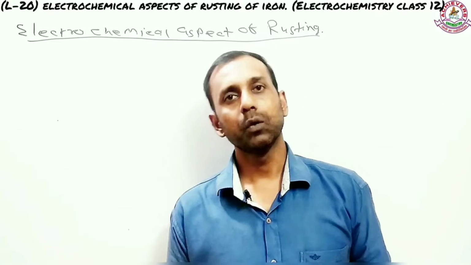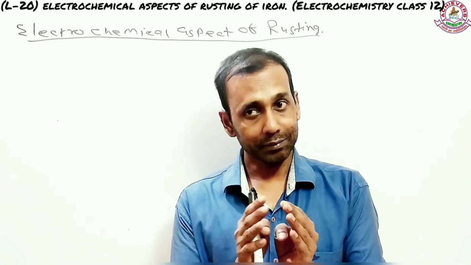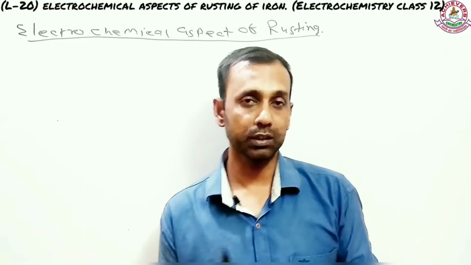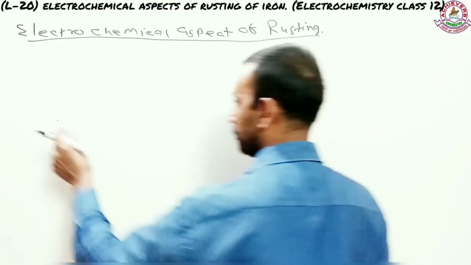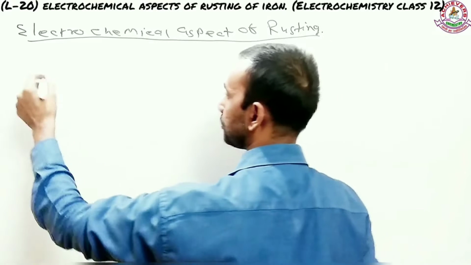So what happens when rusting occurs in terms of redox reaction? That is the topic I'm having right now. I'm first writing it and then I will explain it to you.